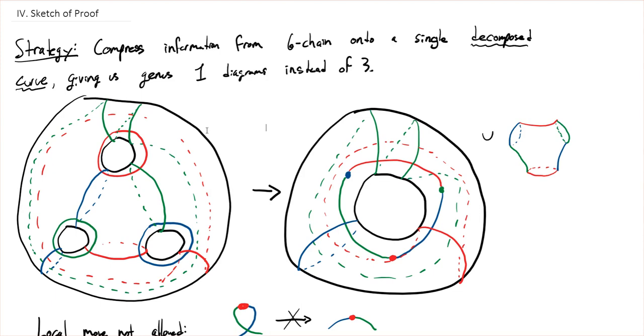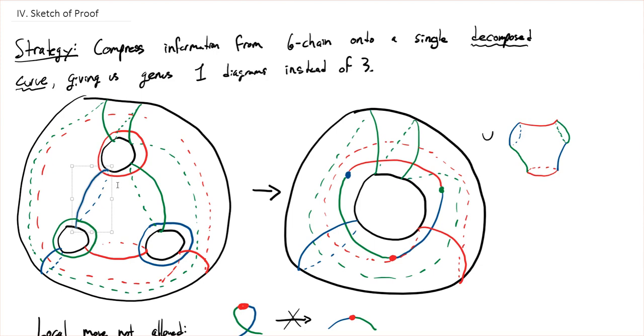So we gain clarity by representing this 6-chain as a kind of attachment. So what we're going to do now is represent this 6-chain on a lower genus diagram.